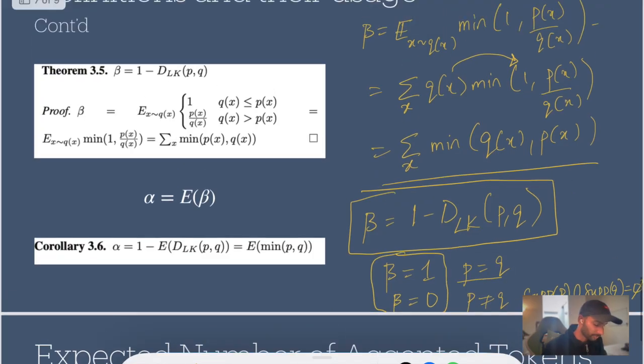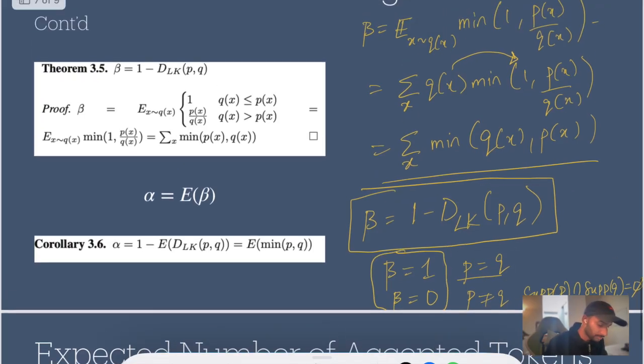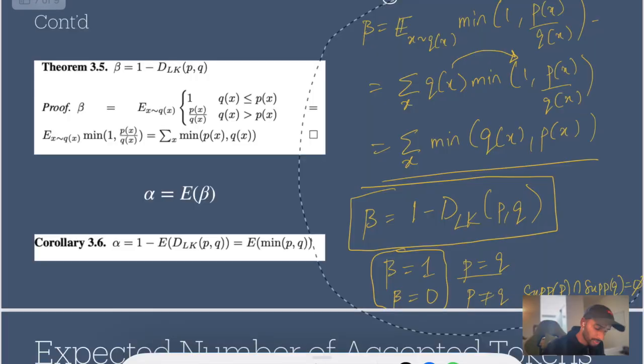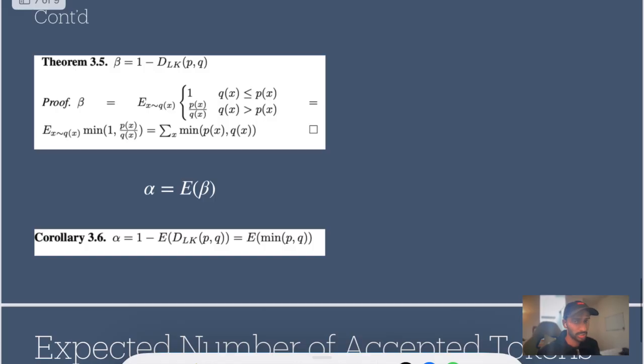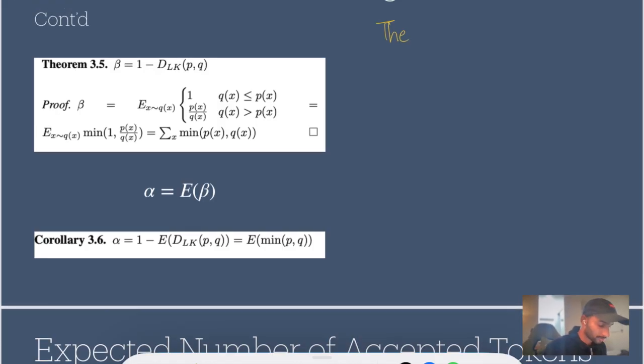We are going to further define another term called alpha. Now, this beta here, which is the acceptance rate, depends on the model, so it depends on Q and P, but it really also depends on the context of the sentence for that particular time step. For example, take "The dog is sitting", and we are trying to predict a token both by MQ as well as MP.